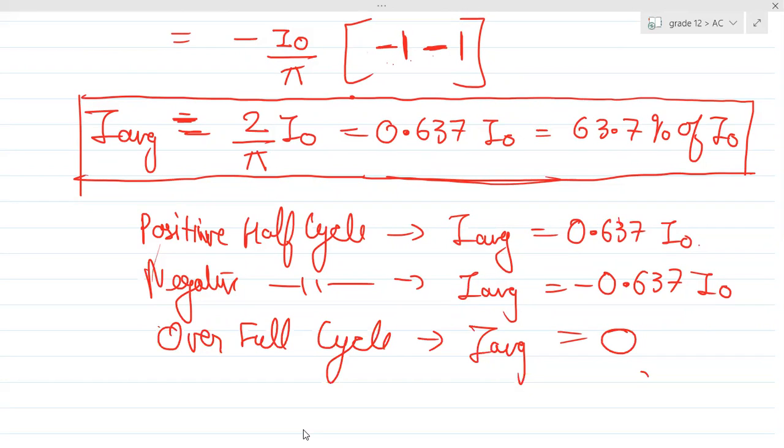Just visualize this particular thing. Due to a sinusoidal current, the current's direction is getting reversed. Whatever effects the current is producing, let's say current is flowing clockwise initially, so you will decide the polarities of the elements accordingly. You will flow the current in the resistor accordingly and develop heat accordingly.